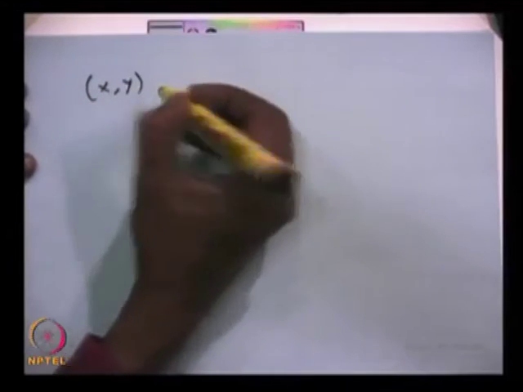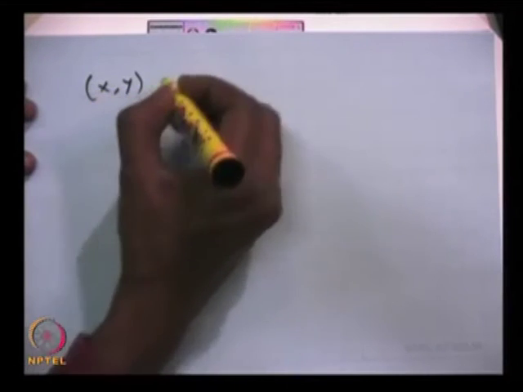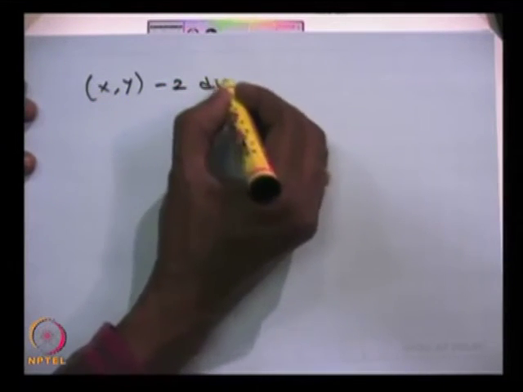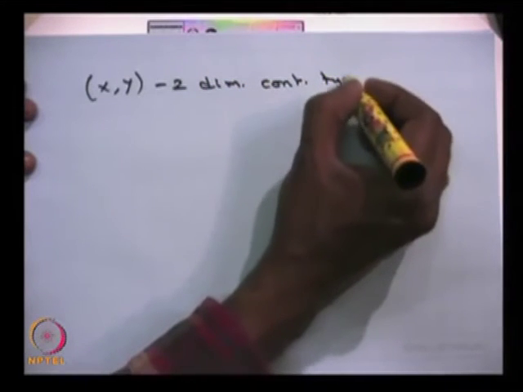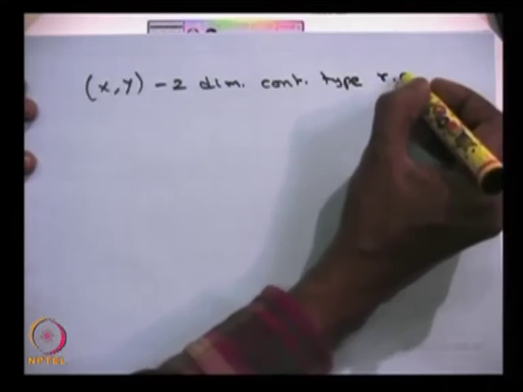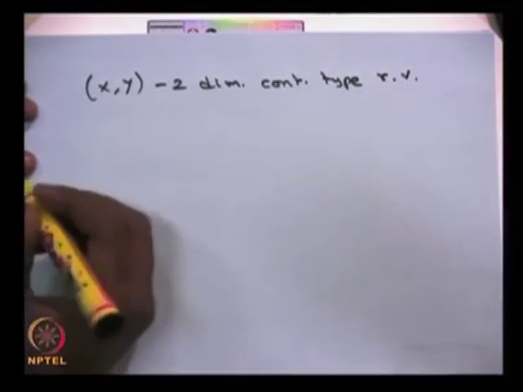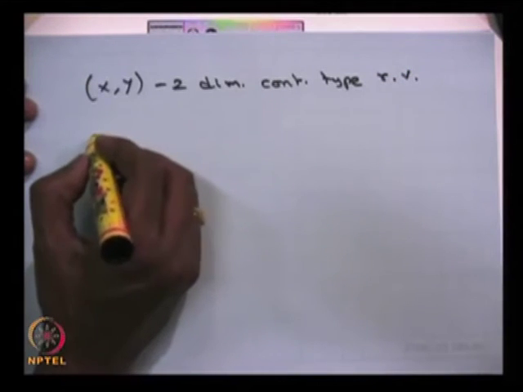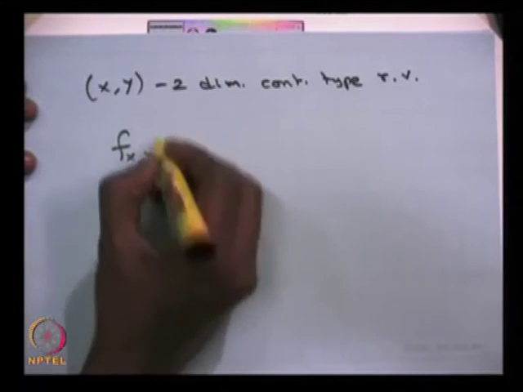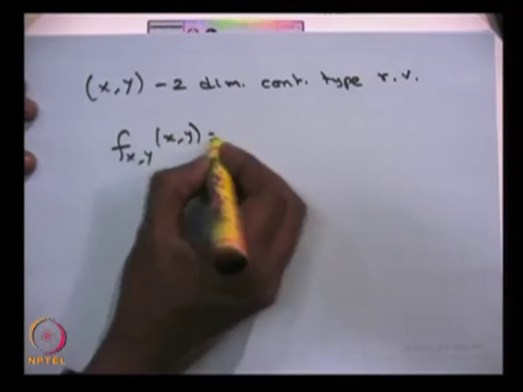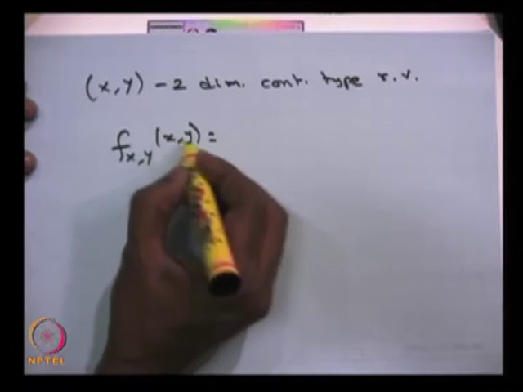Suppose the random variables x and y are each a continuous type random variable, therefore you will end up with a two-dimensional continuous type random variable or random vector. In that case you can define a joint probability density function of the form f of x comma y, small x and small y.